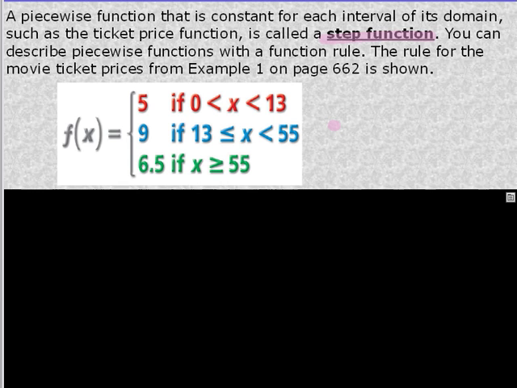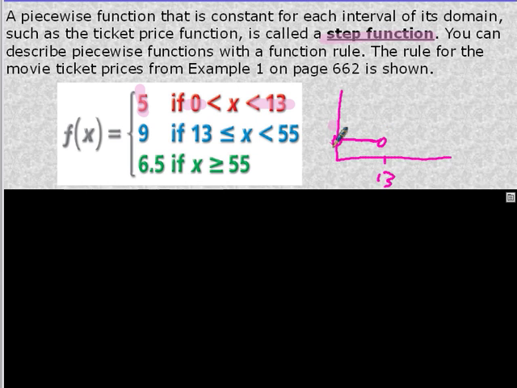The equation for the function f of x, the value of y, is equal to 5 when x is greater than 0 and less than 13. So if we had a graph here, this is 0 and this is 13, you would have y equal to 5.